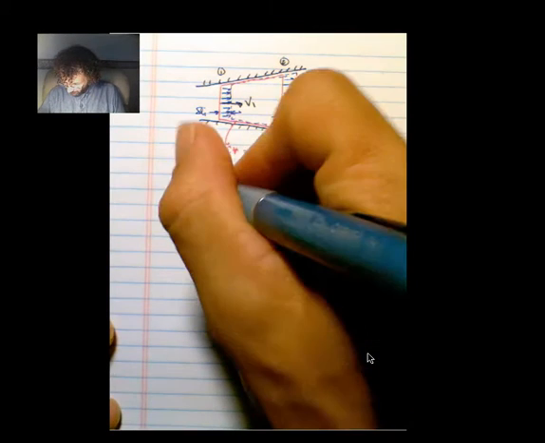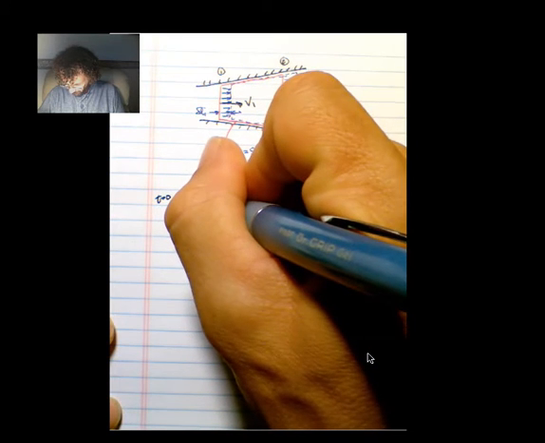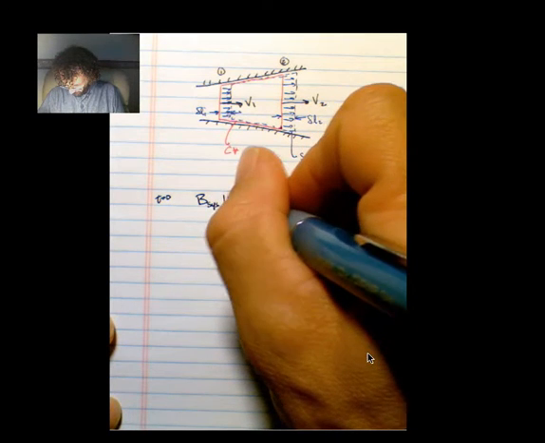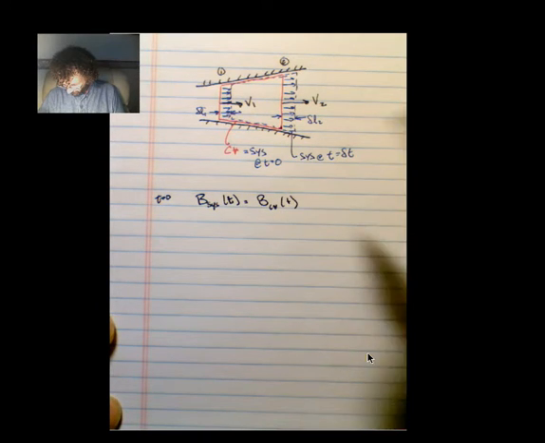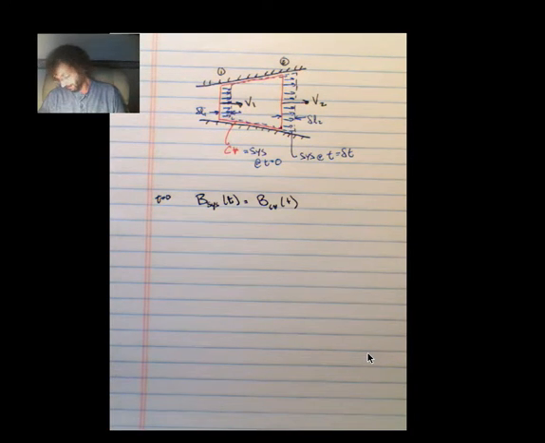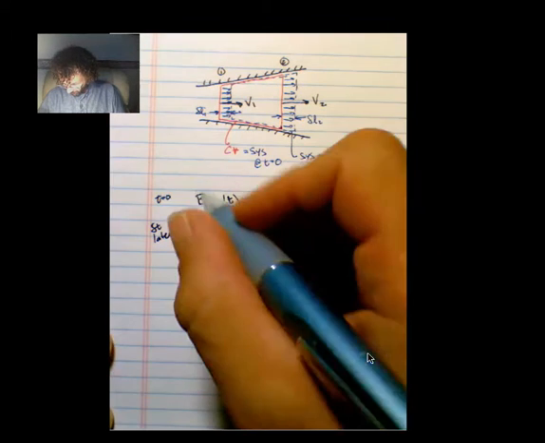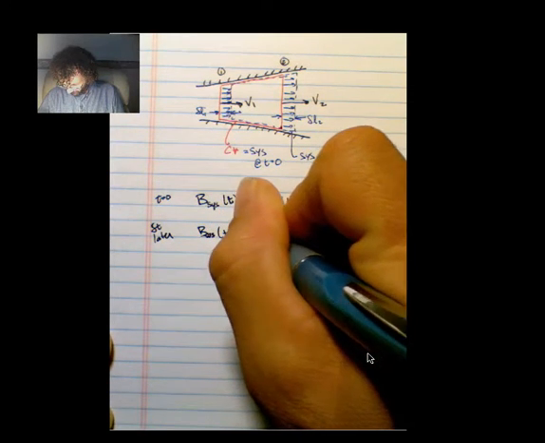Well, we can say two things here. We can say that at time t equal to 0, B system of t is equal to B control volume of t. It can be any t, and this is delta t later, really. Delta t later, we have B system at t plus delta t.